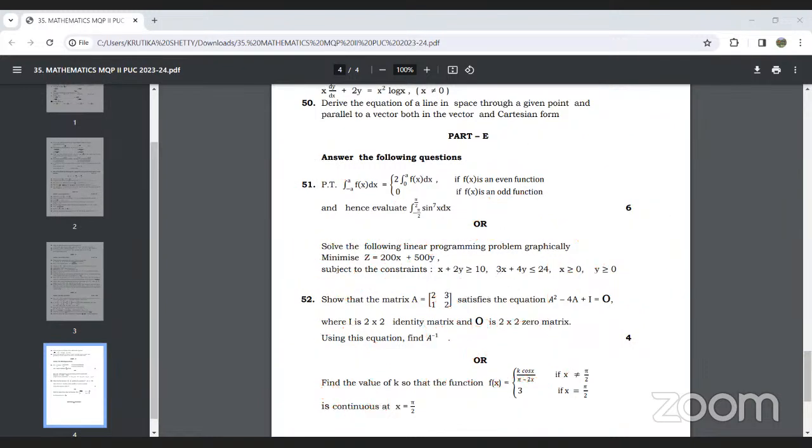Now see, from the blueprint point of view, what can be your strategy? I will be discussing.